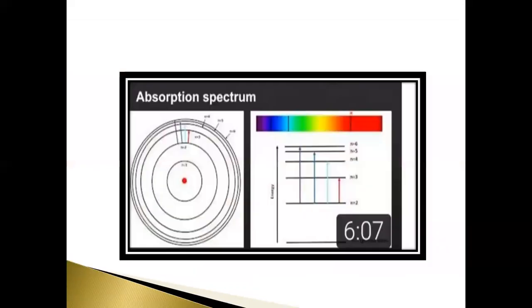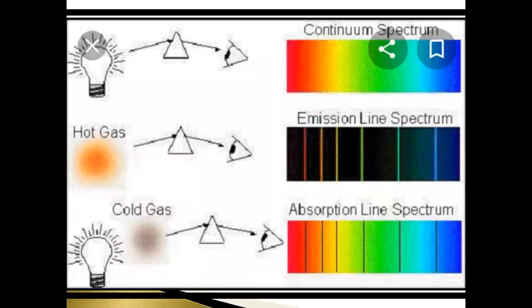Second, I told you that when light falls on a prism, it gives a spectrum. This pattern of color is called a spectrum. The smooth spectrum having no lines in it is called a continuous spectrum. We obtain a continuous spectrum only when the electron emits energy continuously.